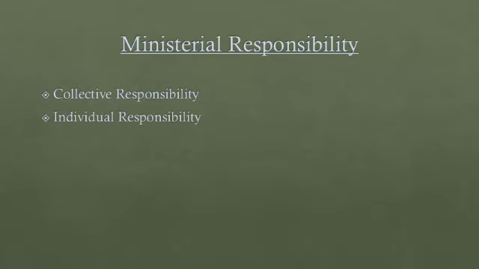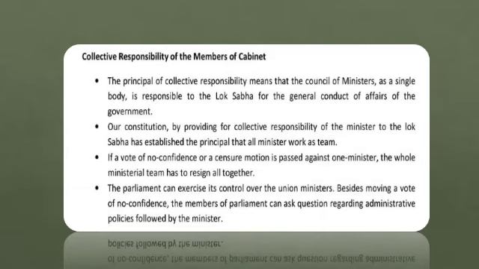Next, ministerial responsibility. It is an essential feature of the parliamentary form of government. As in Britain, in India also, the principle of ministerial responsibility has two dimensions. One is collective responsibility and the other is individual responsibility. First we'll learn about collective responsibility.